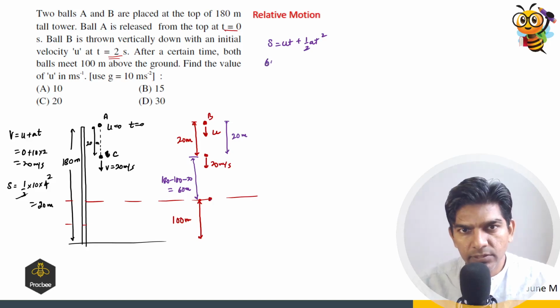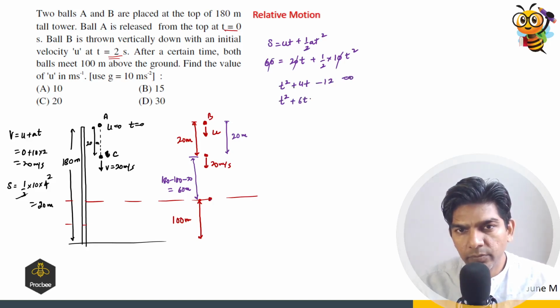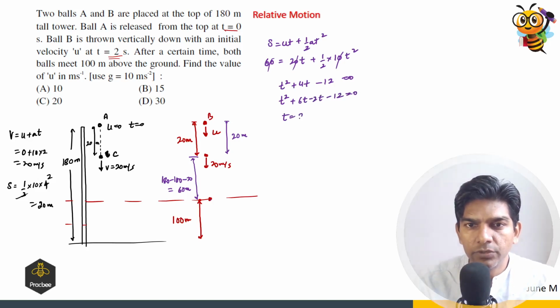So S will be 60, u is 20, times t, plus half, acceleration is 10, t square. Now from this we can eliminate 10. So it will be t square plus 4t minus 12 equals 0. This can be written as (t plus 6)(t minus 2) equals 0. So t comes out to be 2 or minus 6. We can ignore the negative value.